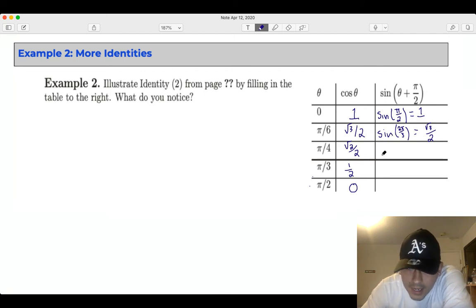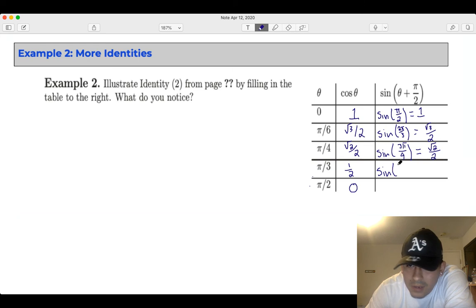Cool. Next one, we're going to be adding pi over 4 to pi over 2. When we do that, we get the sine of 3 pi over 4, and the sine of 3 pi over 4 is equal to the square root of 2 over 2. Next one is pi over 3. So I'm going to be adding pi over 3 to pi over 2.